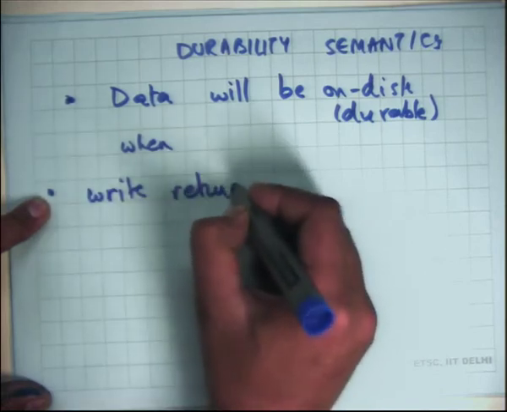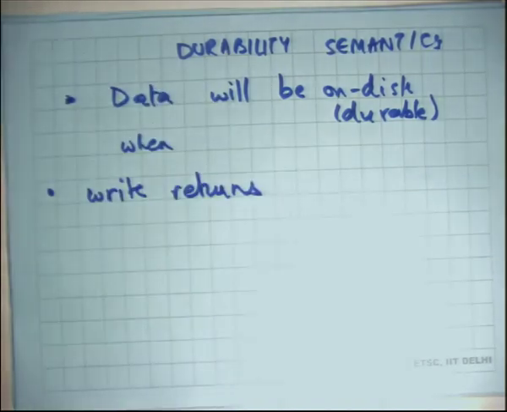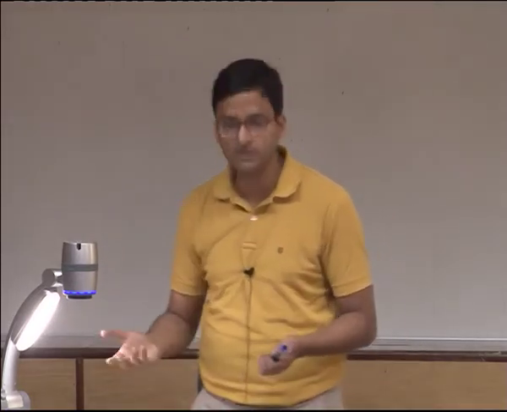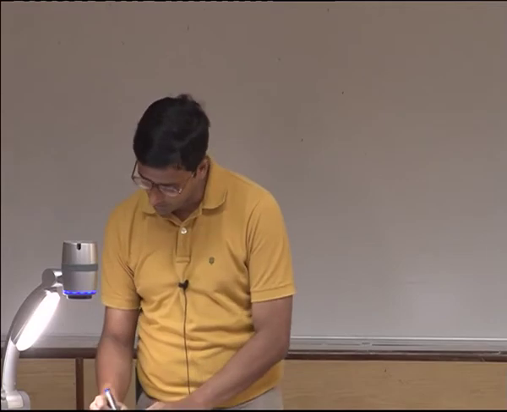So an operating system may provide a guarantee that whenever the write returns, you can be sure that the data is on the disk. This is the most conservative, basically saying that on every write system call I'm going to access the disk, which means your buffer cache is basically write-through. And so if you're doing 1 byte writes, it's very slow. It's most conservative. So it doesn't look all that great.